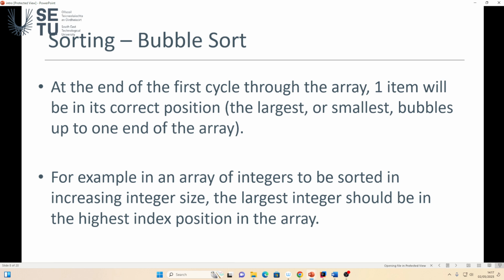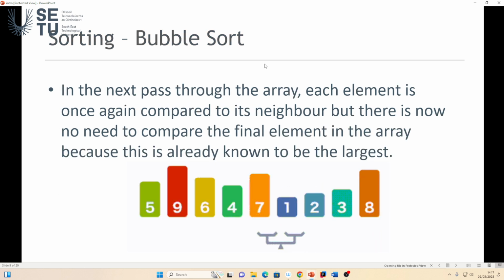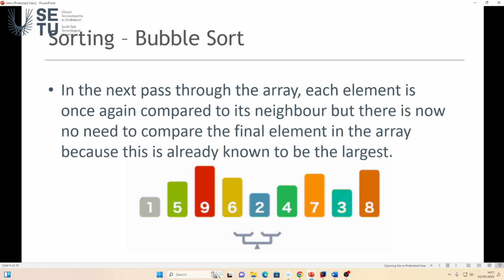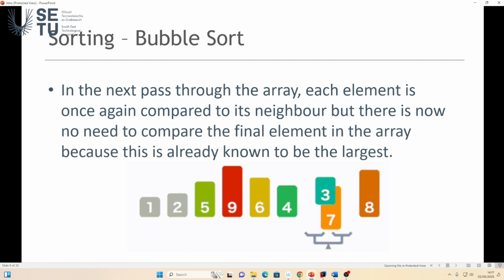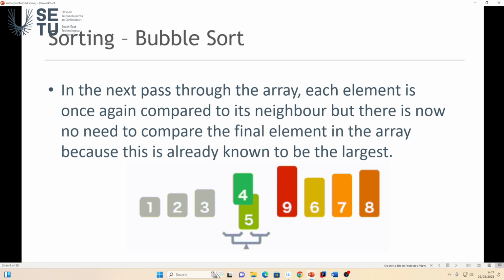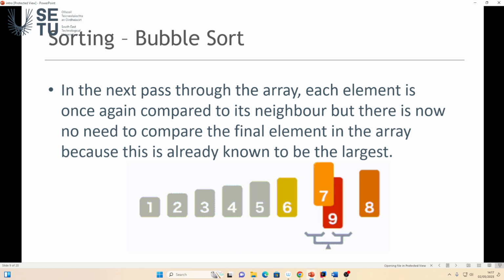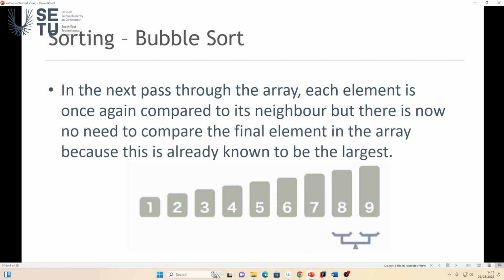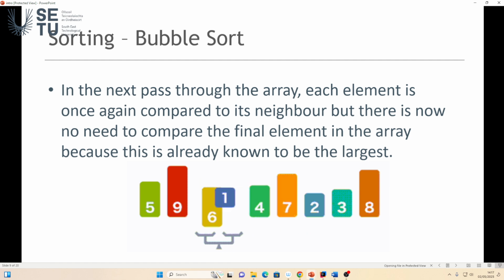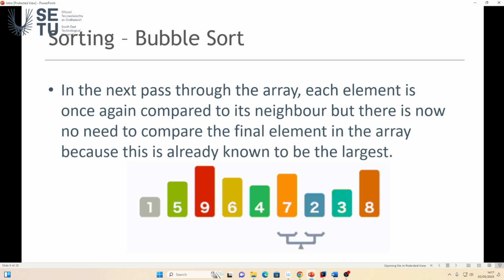Okay, so we'll swap each time we find one that's larger. So we'll have a look at this one here. So in this case here, we're putting it in ascending order, but we're finding the smallest, then the next smallest, then the next. So you can see here, this one is bubbling down the way. So it's sorting it by finding the smallest and swapping it each time.